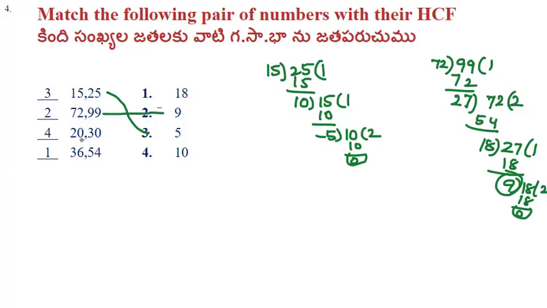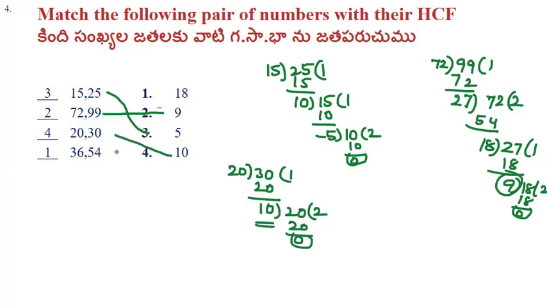Next, 20 and 30. 20 ones are 20, 10 is the remainder, 10 2s are 20. So the HCF is 10. And finally the remaining option is 1, so we can match like this.